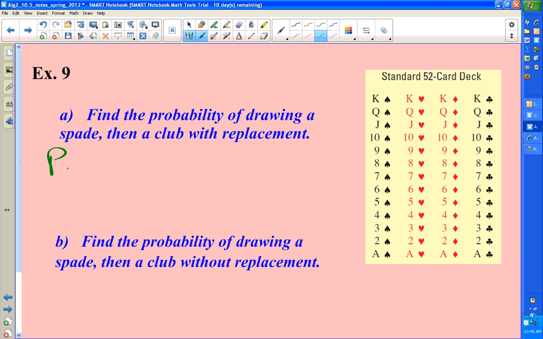So we're going to go probability spade, club, doing it with replacement. Stephen, would you go for probability of spade? 13 out of 52 times probability club, also 13 out of 52. That'd be 1 in 4, 1 in 4. A 1 in 16 chance with replacement.